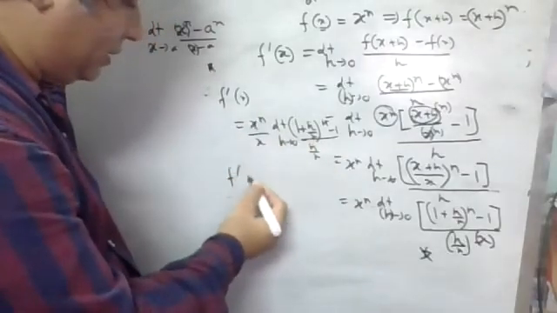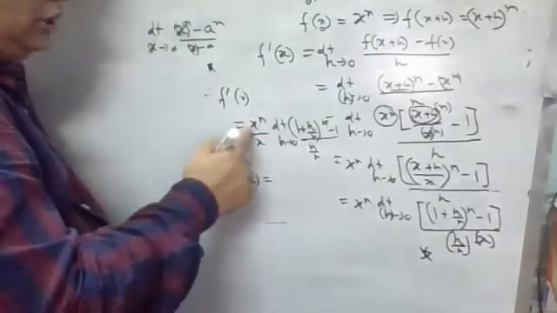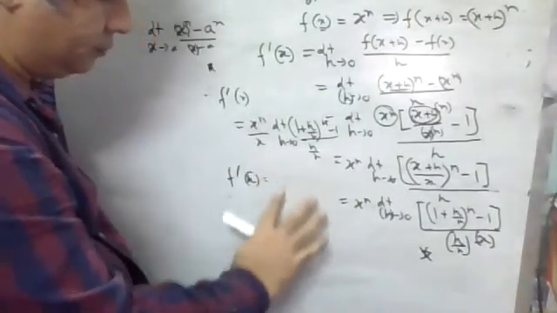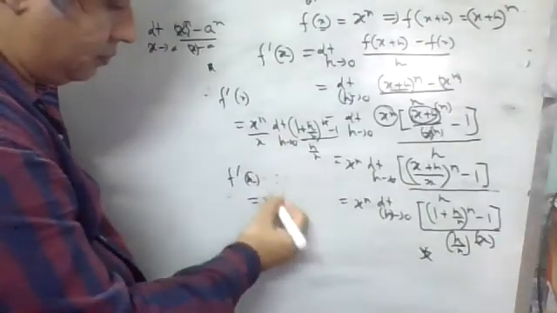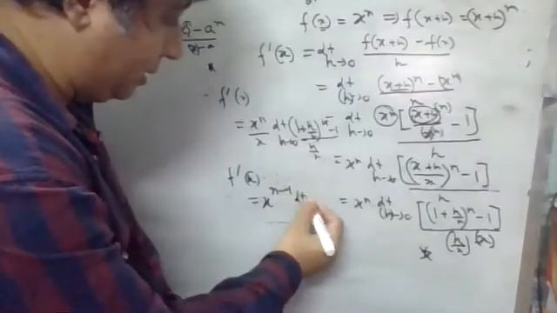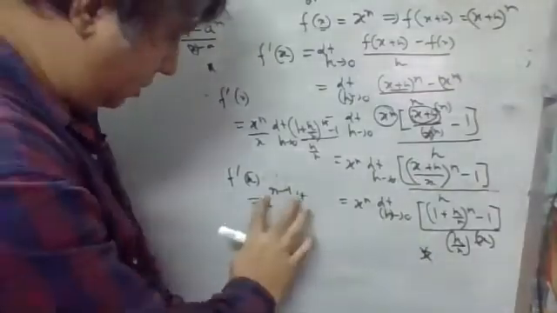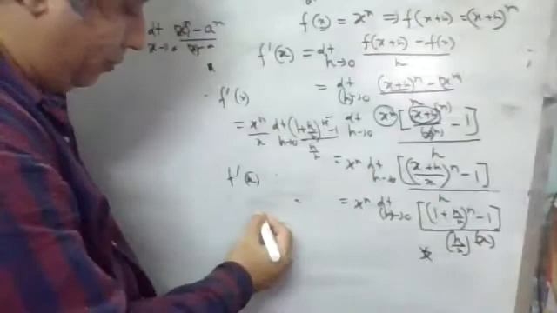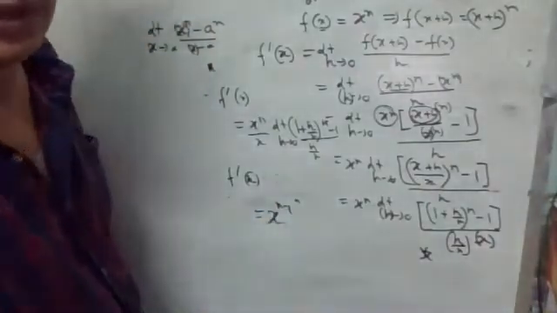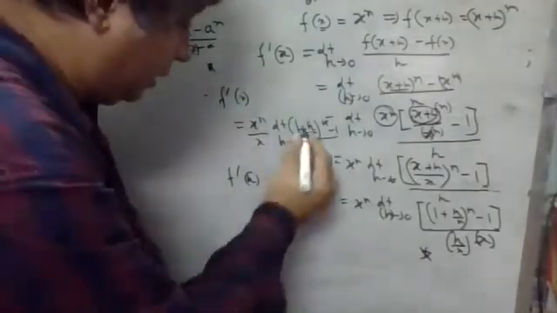So f'(x) equals x^n by x, that is x^(n-1), times the limit. See, f'(x) has become x^(n-1).